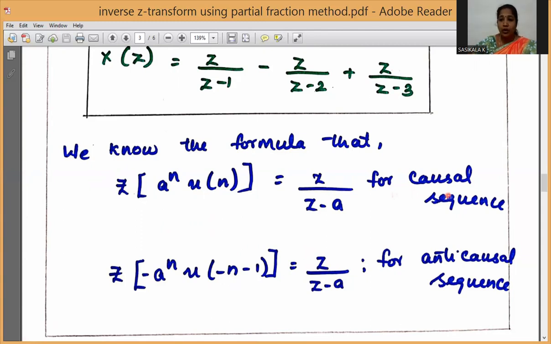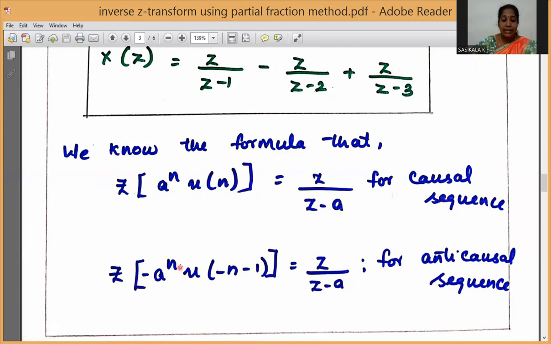We get causal sequences when the ROC is outside, and anti-causal sequences, the negative sequences, otherwise.